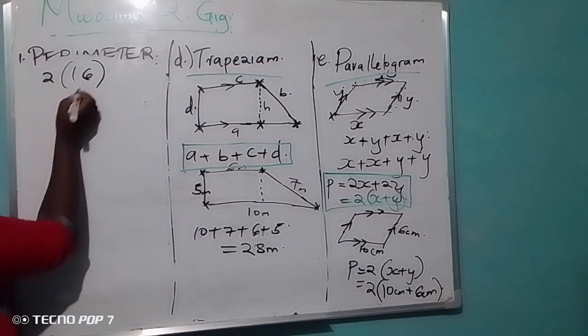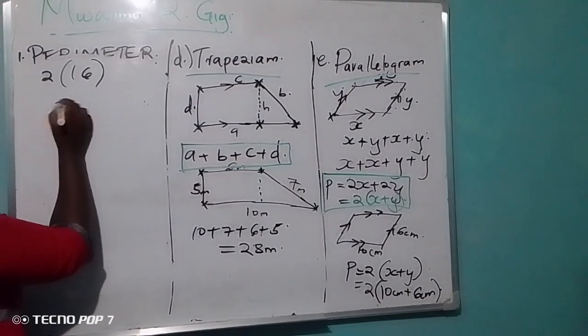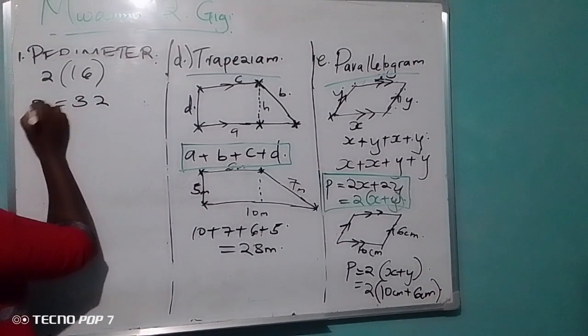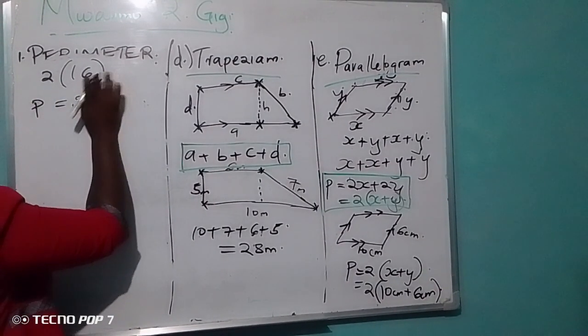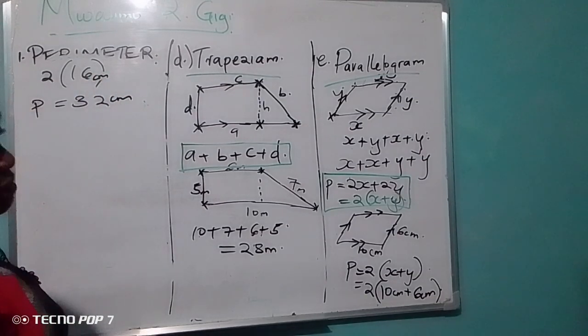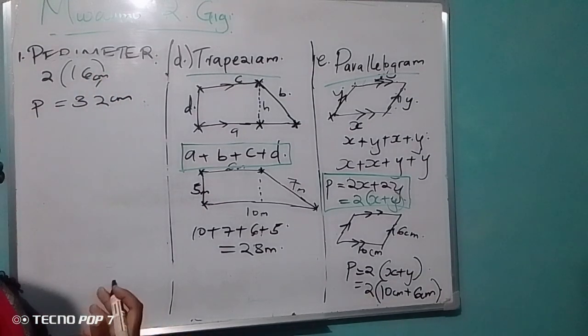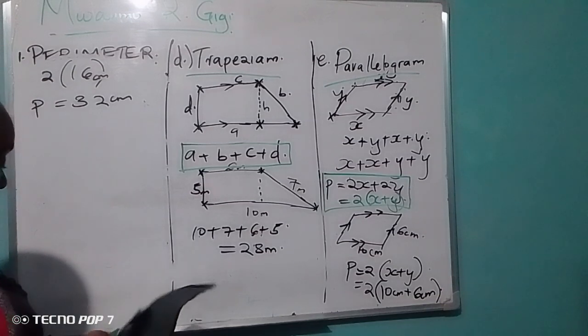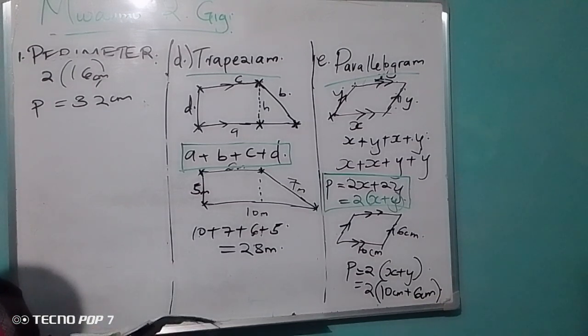So it's 2 times 16 inakuwa 32 centimeter perimeter. Sindio? Ilikuwa 10 centimeter plus 6 centimeters equals to 16 centimeter times 2, 32 centimeter. I hope tunaendelea pamoja. So, tuende kwa next.